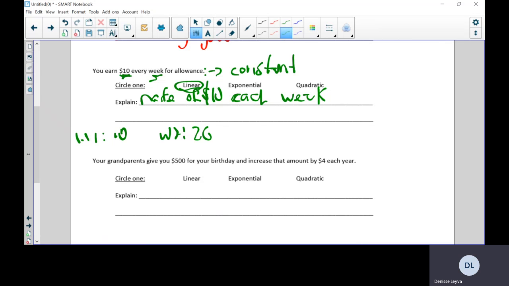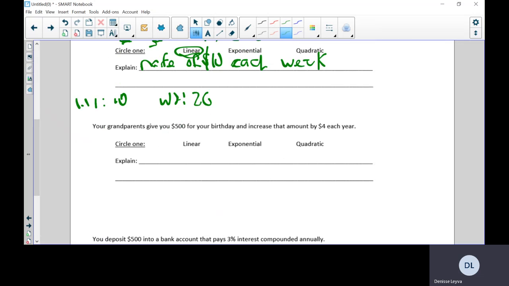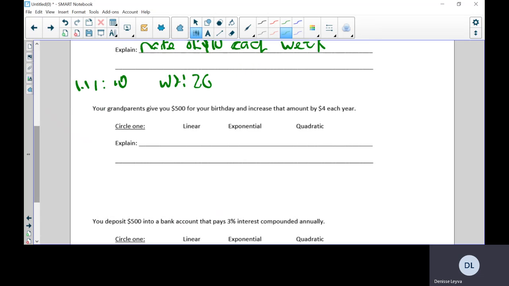If you look at the next question, it says your grandparents give you $500 for your birthday. Now, what's important here is that we're only getting $500 once. So we have those $500 and increase that amount by $4 each year.